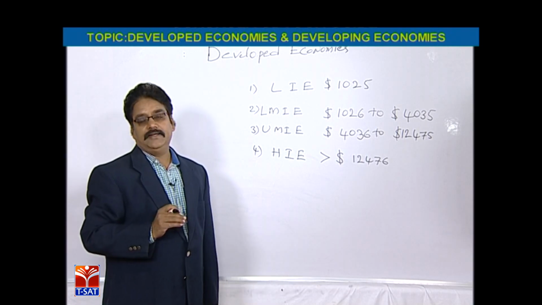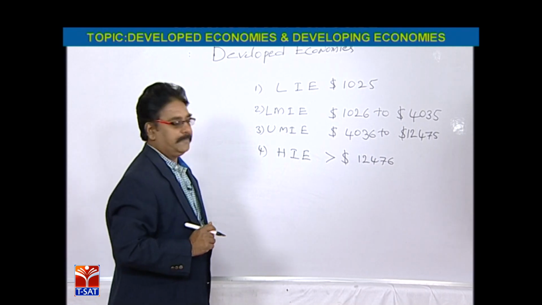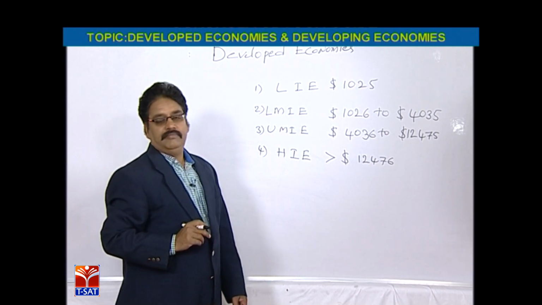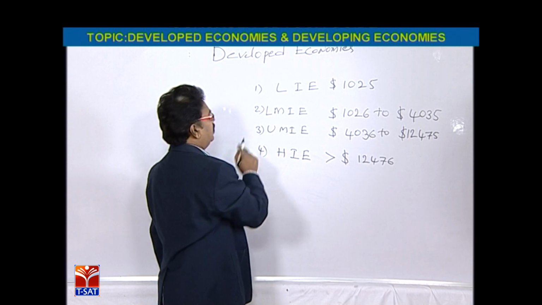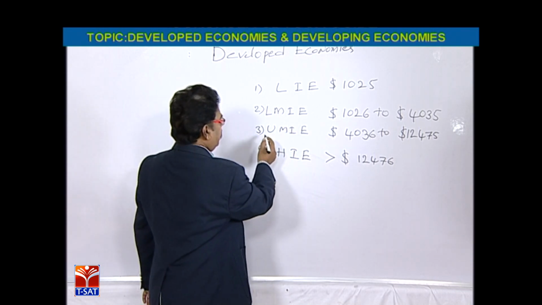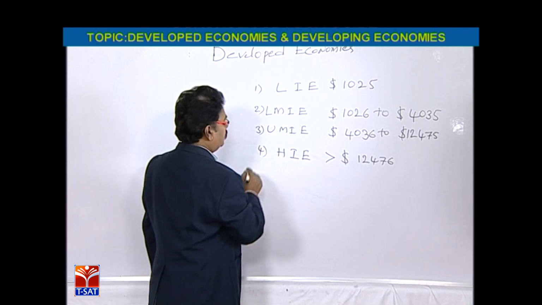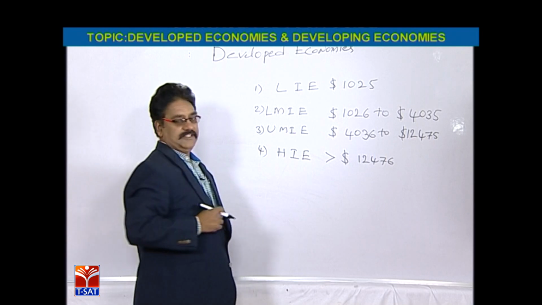The World Bank has classified world countries in this way. First group is lower income economies, second is lower middle income economies, third is upper middle income economies, and fourth is high income economies.